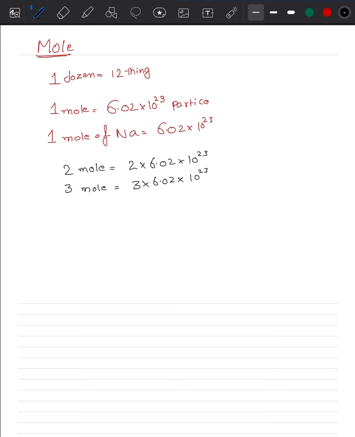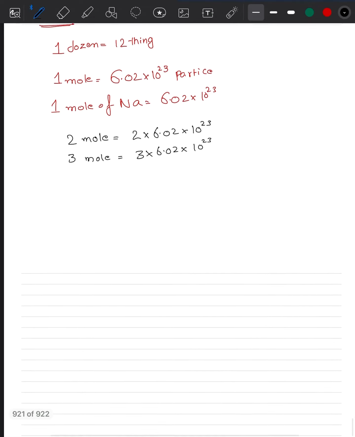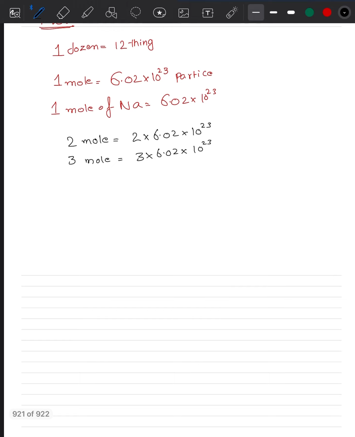So from this we can derive the formula: number of moles is equal to the given number of particles divided by 6.02 × 10^23.